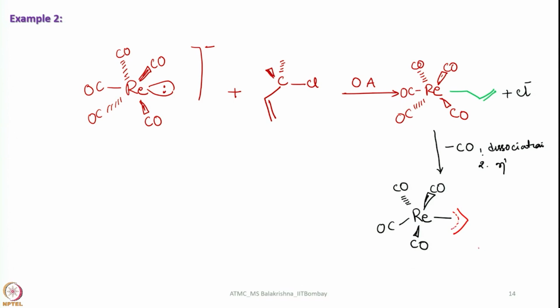So, this negative charge is there, and this also comes, which means it can be shown something like this. This is allyl. Now, eta 1 is changed to eta 3.